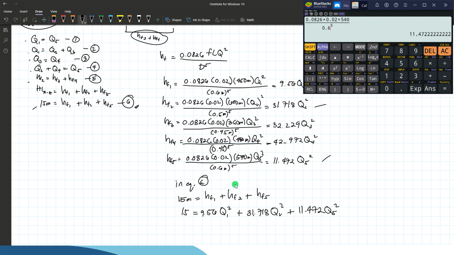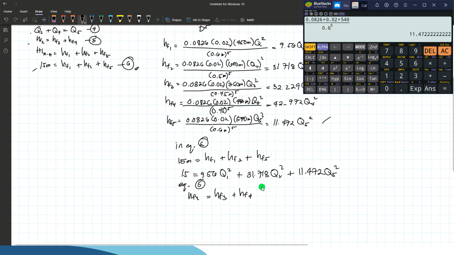So now we will base on equation number 5. Equation number 5, we have hf2 is equals to hf3 plus hf4.